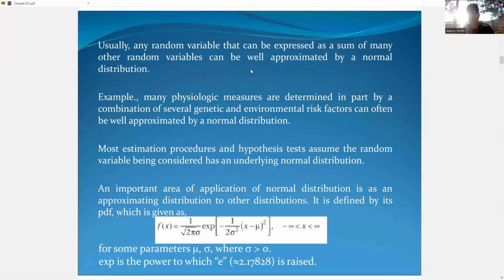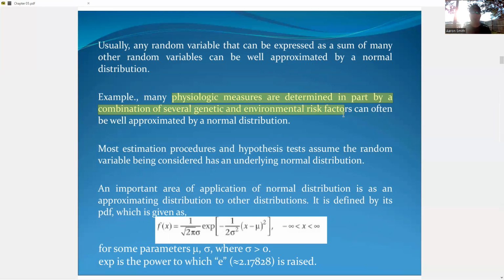Usually, any random variable that can be expressed as a sum of many other random variables can be approximated by a normal distribution. For example, a physiologic measure is determined in part by a combination of several genetic and environmental risk factors. If we have multiple things influencing what's going on, things tend to average out for most people.